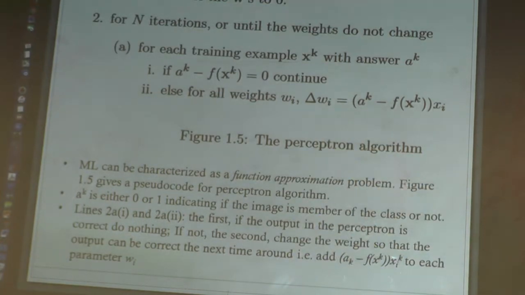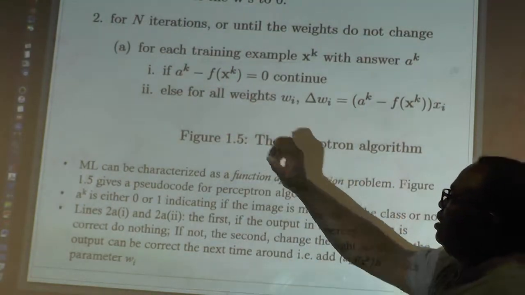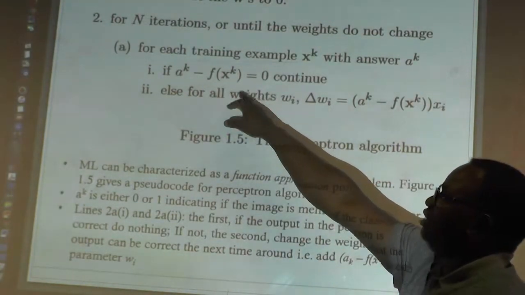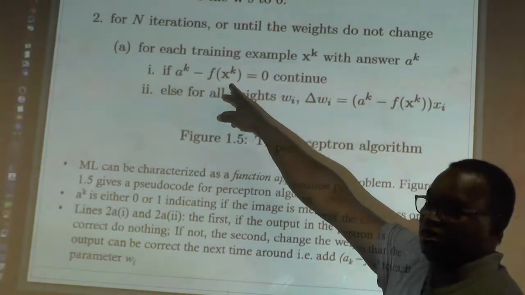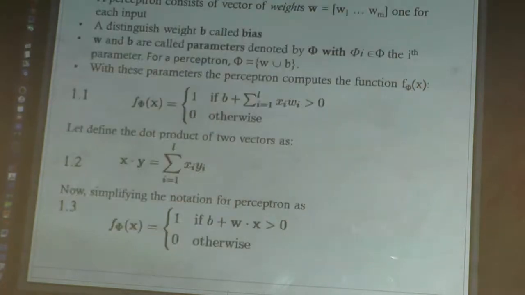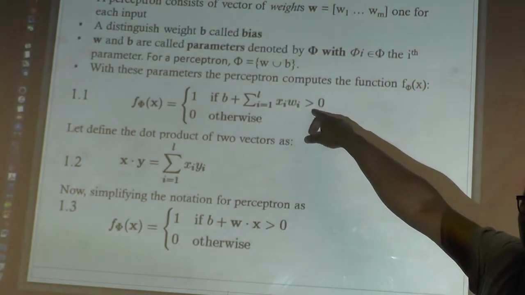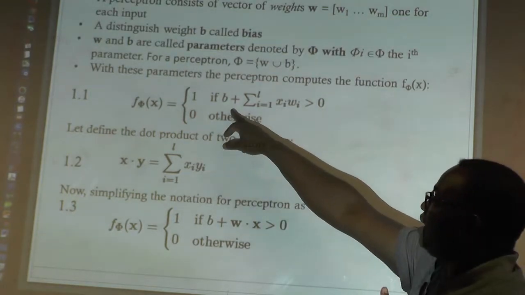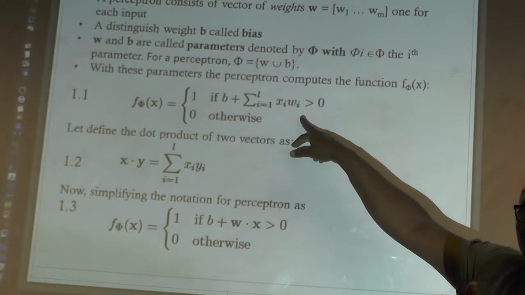Okay? You see, the problem at times is that for the fact that this perceptron is different from that, remember, the perceptron here is not just simply the feature itself. You need to go back here. It's more than that. It's actually this computation. Is the bias plus the feature multiplied by the weight.